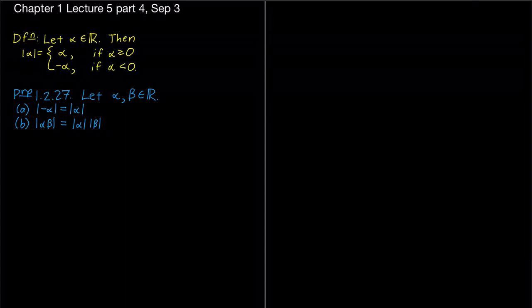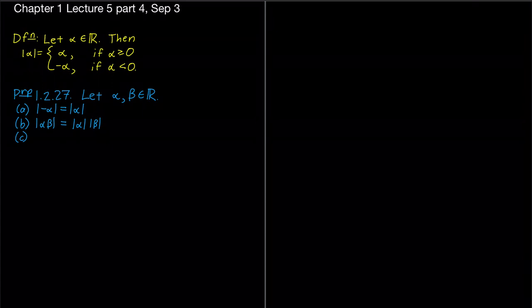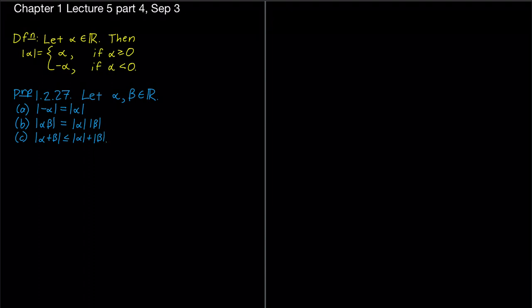That's just a little bit of annoying case analysis. Property C is called the triangle inequality. That's also case analysis too. You have to think about if alpha is positive, if beta is positive, if alpha is negative, if beta is negative. There are 4 cases, but the absolute value of the sum is not equal to, but it's at most the sum of the absolute values.